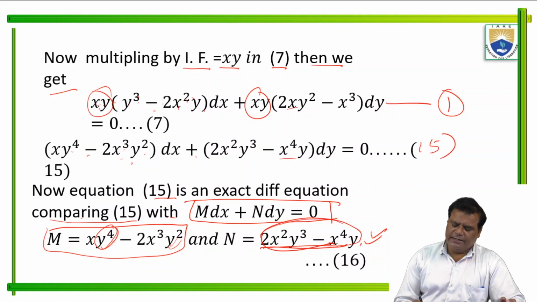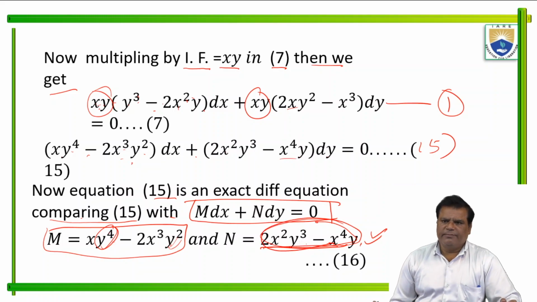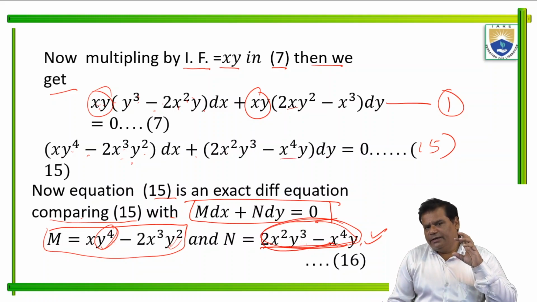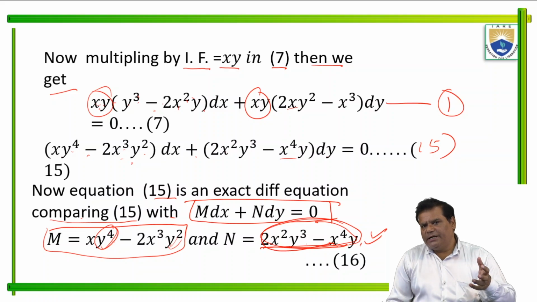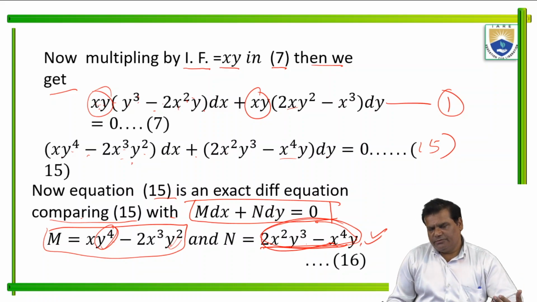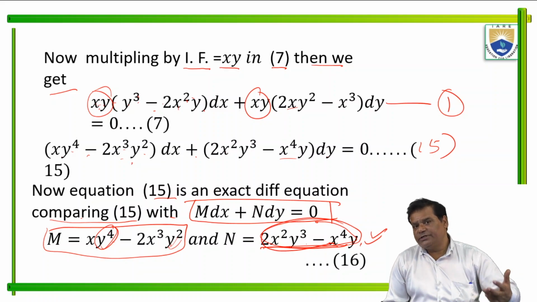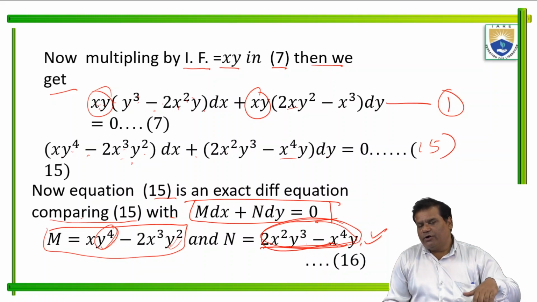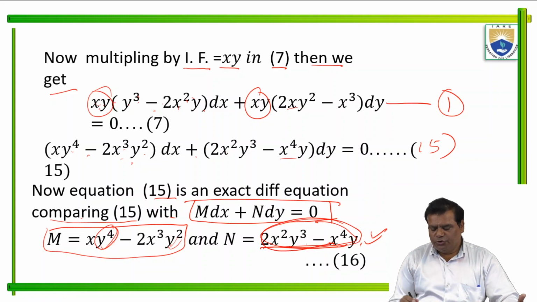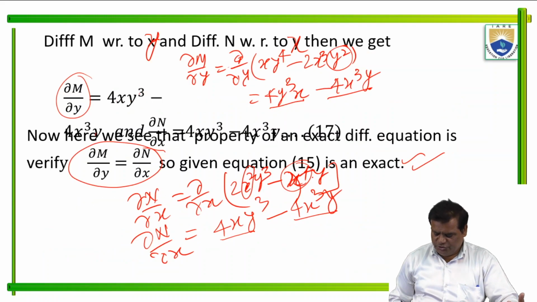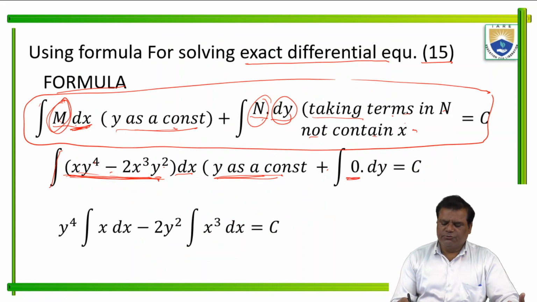So we are not taking any term from N, since we take only terms which do not contain x. Both terms have x, so in place of N we take 0, so the integral of 0 dy equals C.